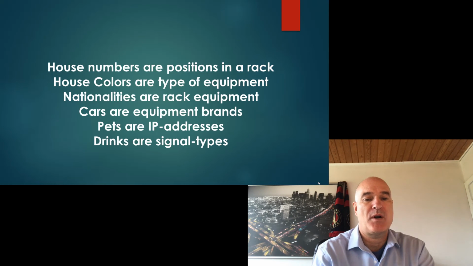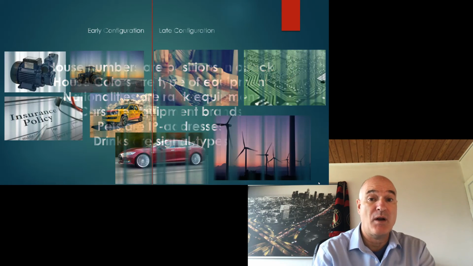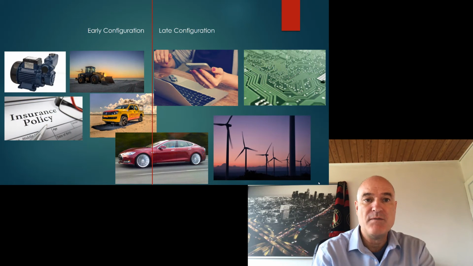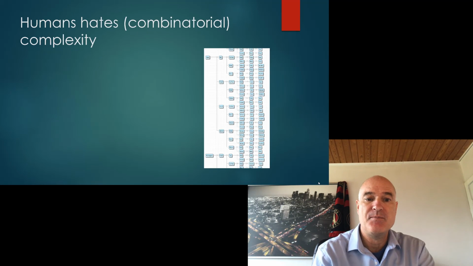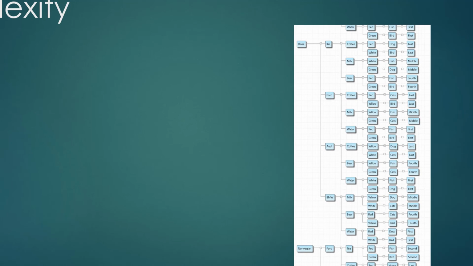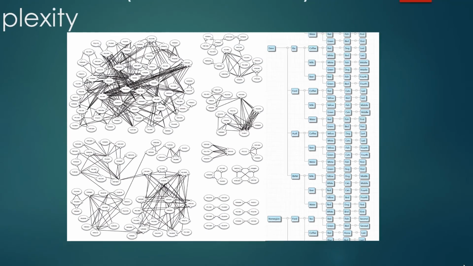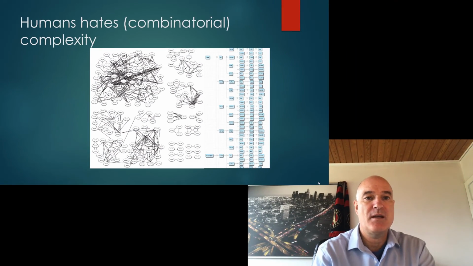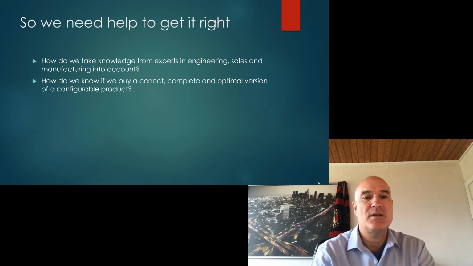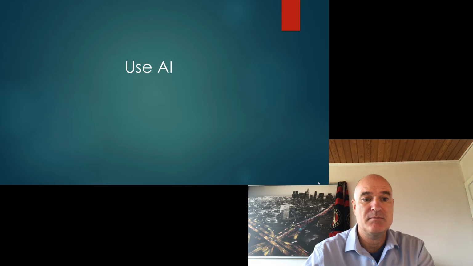No matter what product, or if it is early or late configuration, we face at least the complexity of the Einstein riddle. This gives a kind of combinatorial complexity that humans hate. So we need help to make sure that we take everything into account and don't make mistakes. And that is why we need to use artificial intelligence.